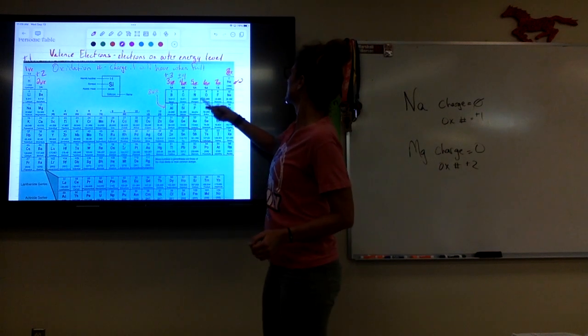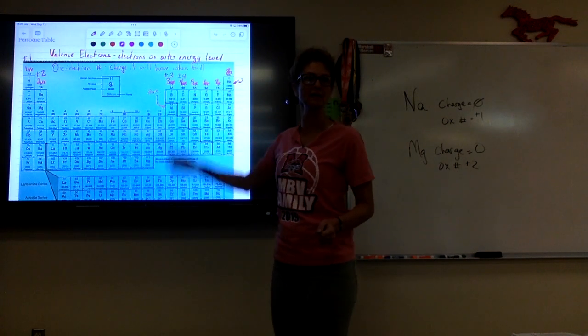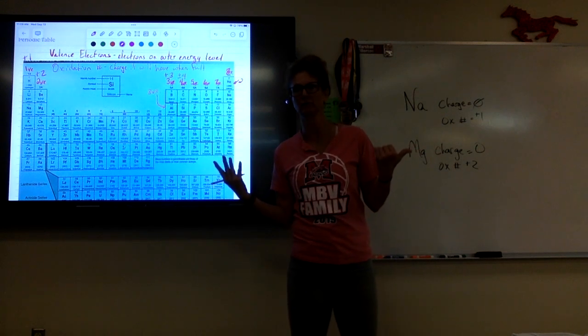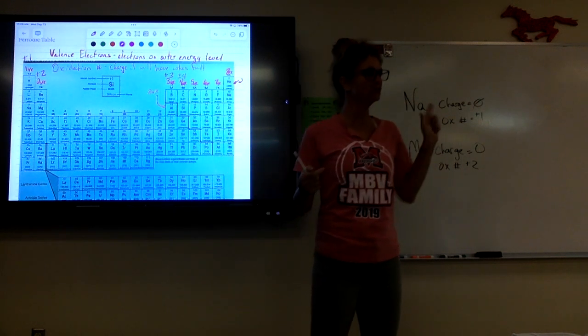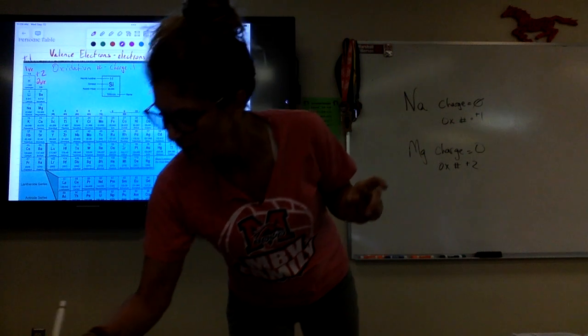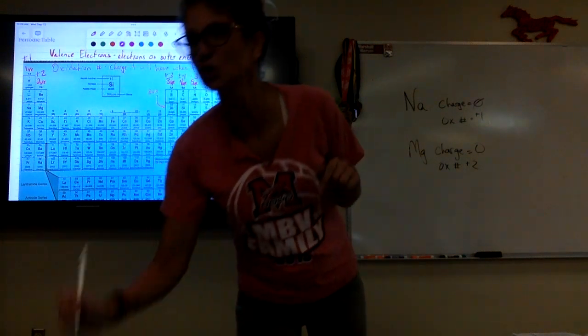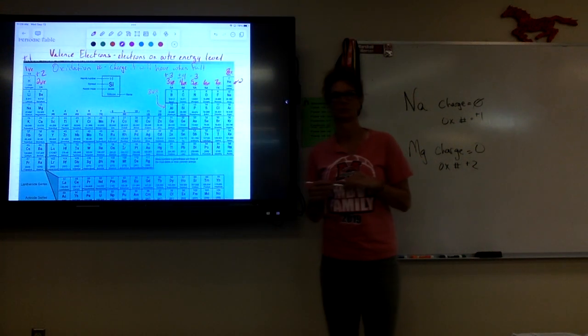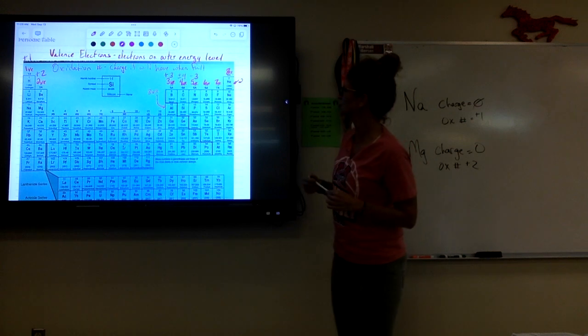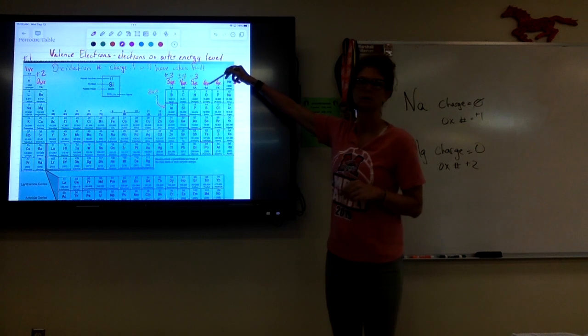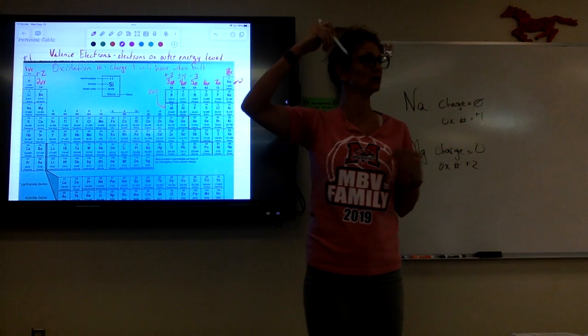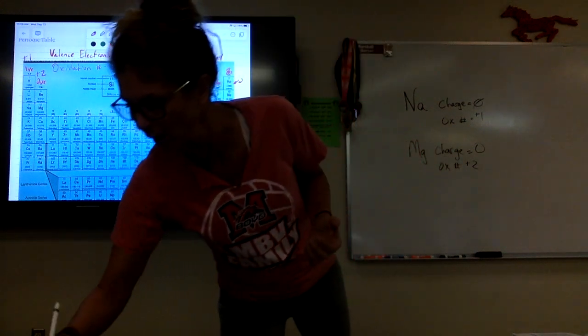All right. Nitrogen has 5. Is it easier to gain 3 or lose 5? Gain 3. Gaining 3 negative charges gives it a -3 charge. Oxygen. Good. It wants to gain 2 more.